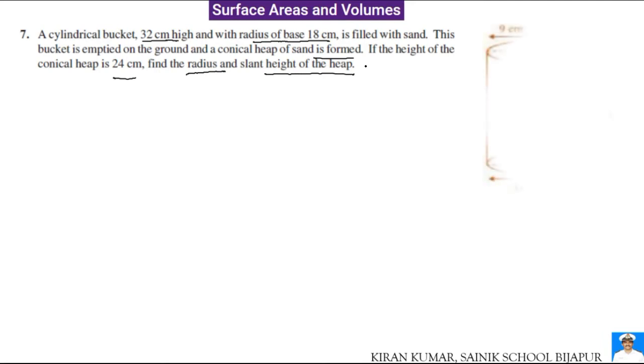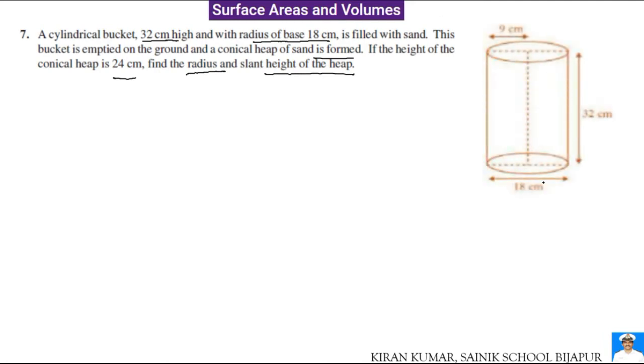The cylindrical bucket is having 32 centimeter as the height. Radius of the base is 18 centimeter. Alright, so radius is given as 18. It's not the diameter. The radius of the base itself is 18.